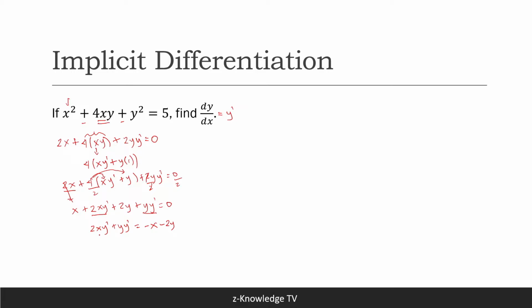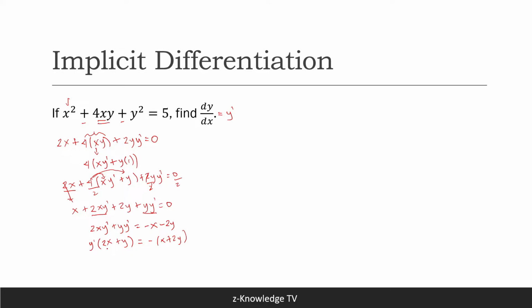Okay? So, ngayon, factor out natin yung y prime. So, magiging y prime times, so 2x na lang to, plus y na lang yun. Para pag dinistribute natin, magiging 2xy prime plus y prime is equal to, labas natin yung negative, so magiging x plus 2y.